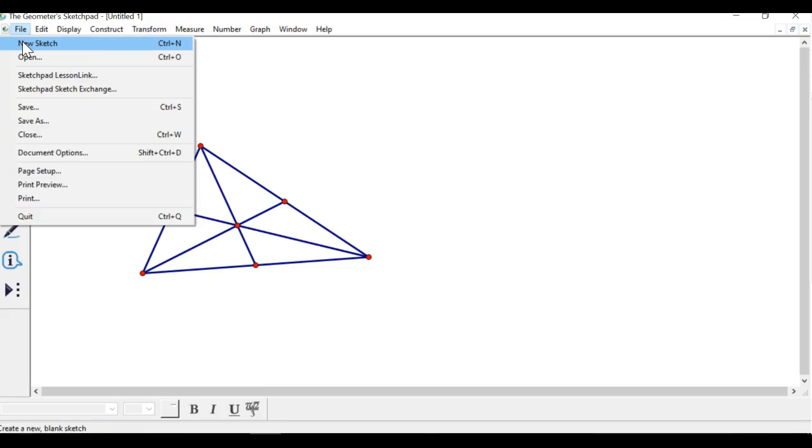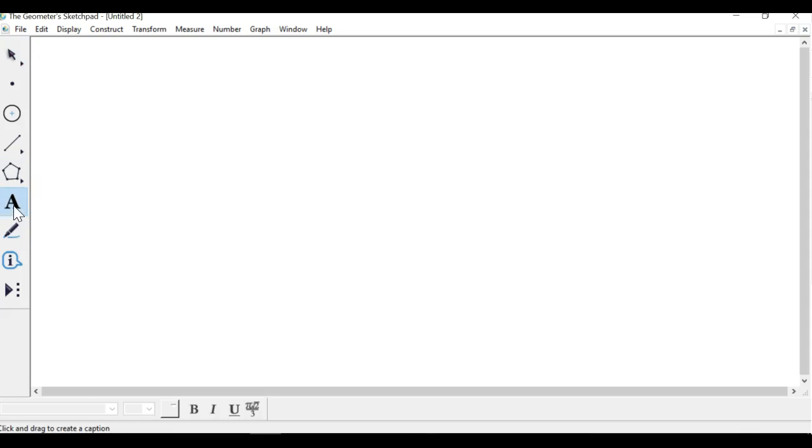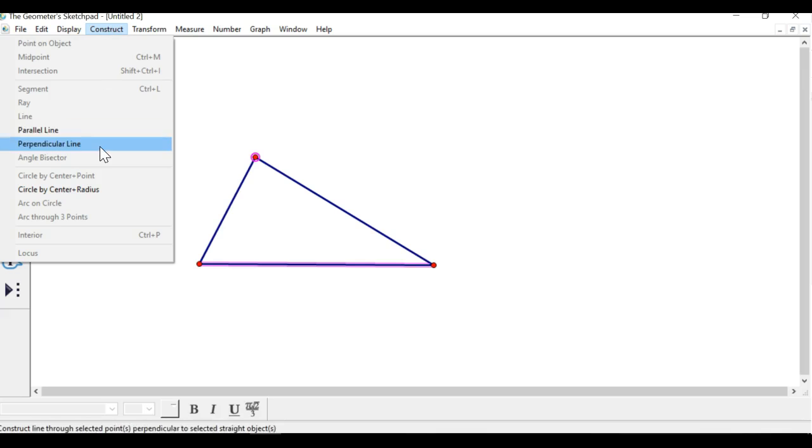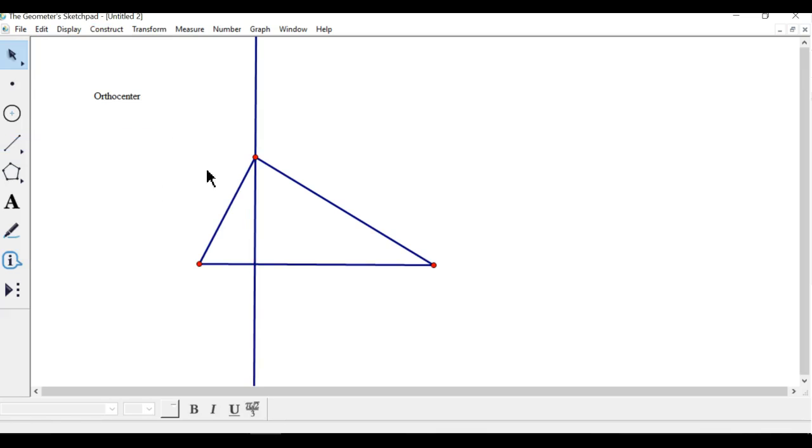Okay, so we're going to start a new sketch and we're going to get this last one, which we call the orthocenter. Okay, so the orthocenter, again, we start with some arbitrary triangle. And now we're going to build three altitudes. So I want to go from that vertex to that side, and I want to construct a perpendicular line.